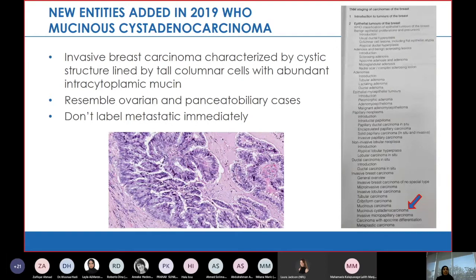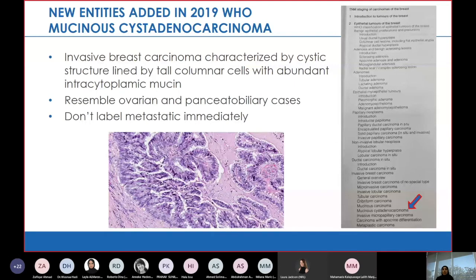Two new entities were added in the recent edition. The first one is mucinous cystadenocarcinoma. It's an invasive carcinoma. It will look exactly like what we see in ovarian and pancreaticobiliary cases. It's a cyst lined by tall columnar cells with abundant intracytoplasmic mucin and intracystic mucin.